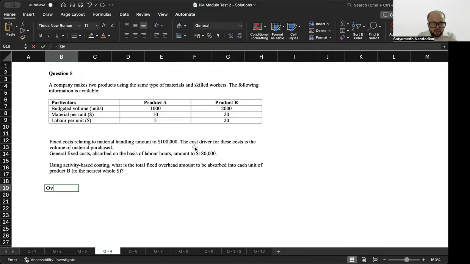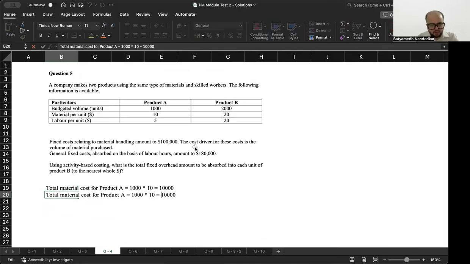Okay. Now, what is total material cost for product A? It is 1000 into 10, that is 10,000. And total material cost for product B is 2000 into 20, that is 40,000.